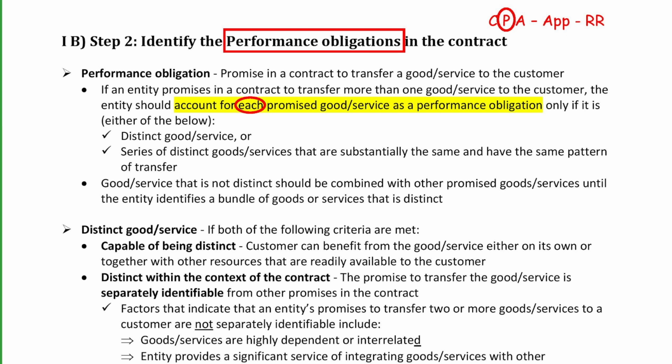So when we say each good or service, we're talking about distinct goods or services, which are capable of being distinct, which means that the customer can benefit from the good or service either on its own or together with other resources that are readily available to the customer. And distinct within the context of the contract. That means the promise to transfer the good or service is, put a box around, separately identifiable from other promises in the contract.